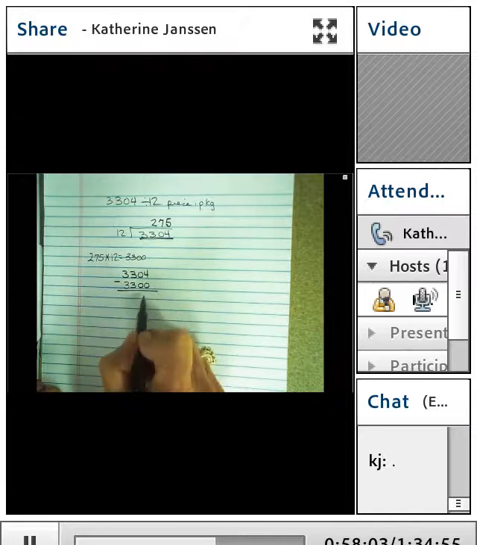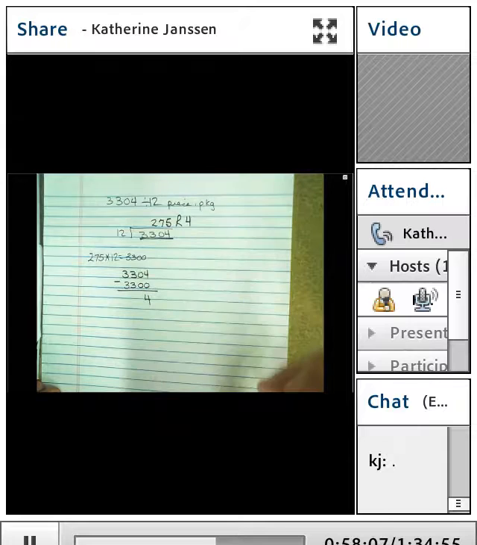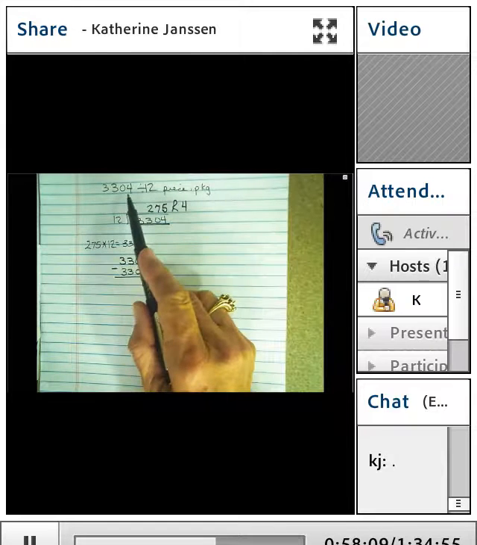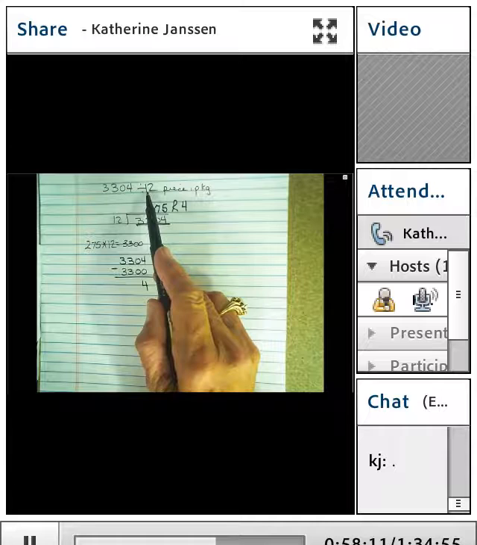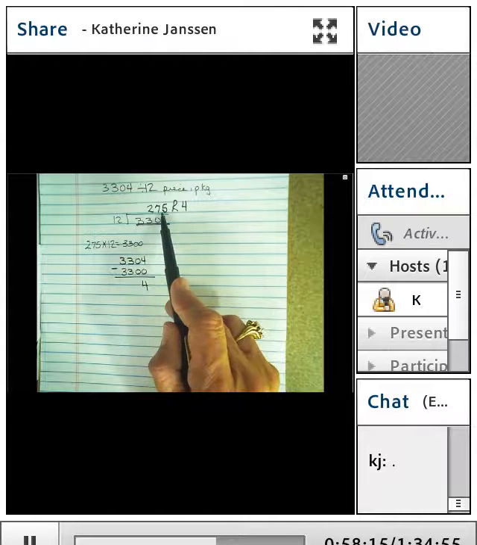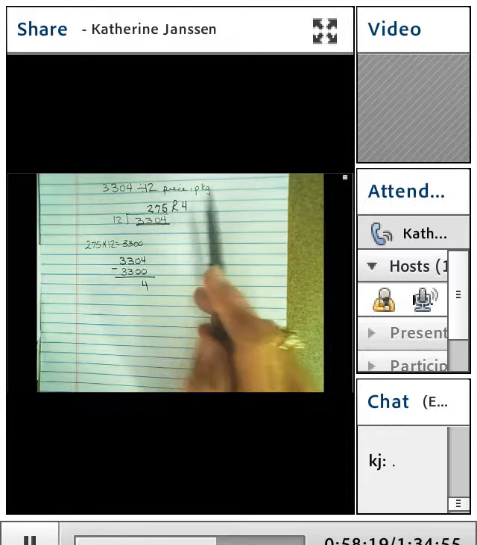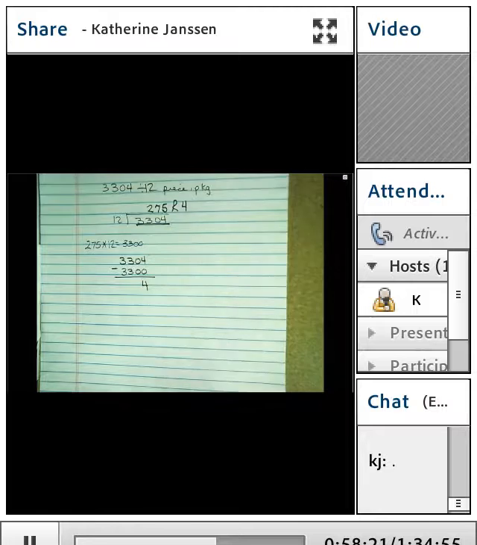Finding the remainder, I have a remainder of 4. So 3,304 pieces of gum can be packaged into 12-piece packages. I'll end up with 275 packages, 12 pieces each, with a remainder of 4 sticks of gum.